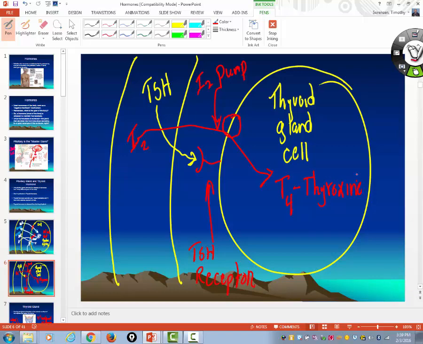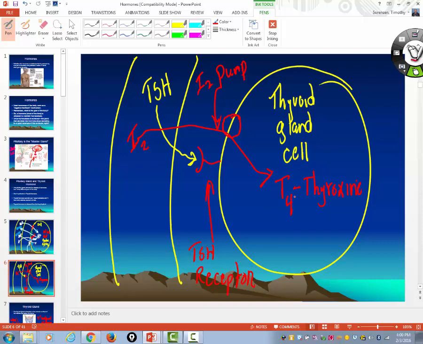And the reason it's called T4 is it has 4 iodine atoms connected to that protein structure. Thyroxine is biologically active in terms of being a thyroid hormone.